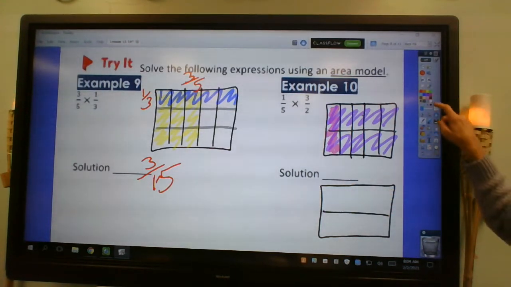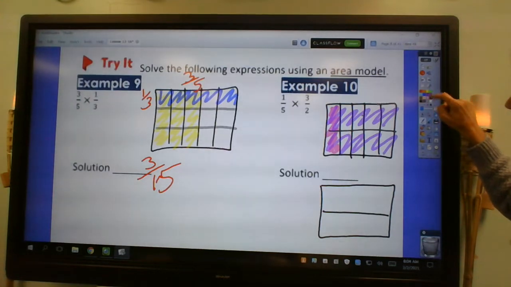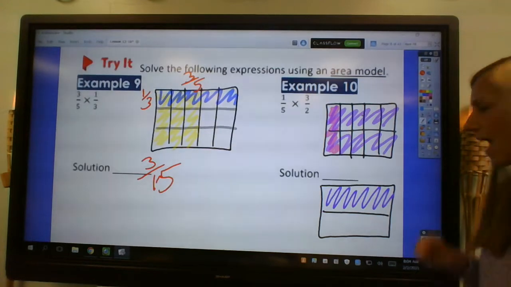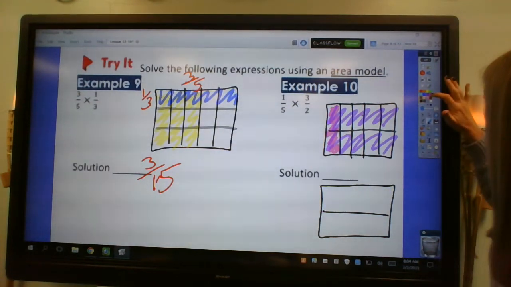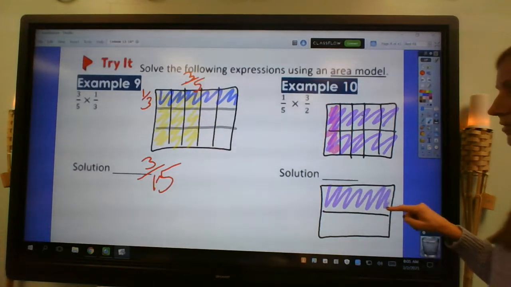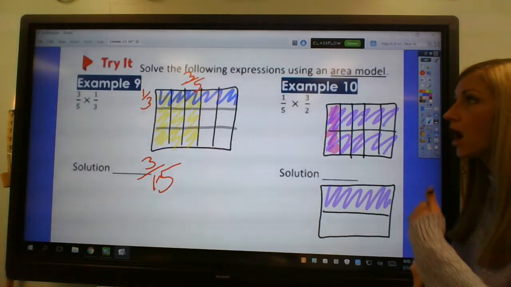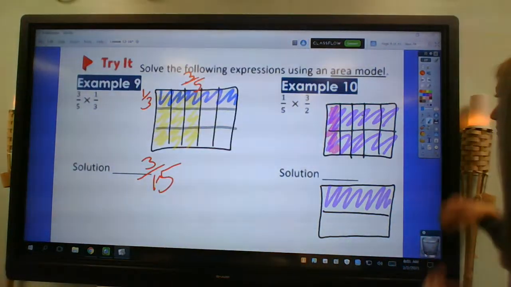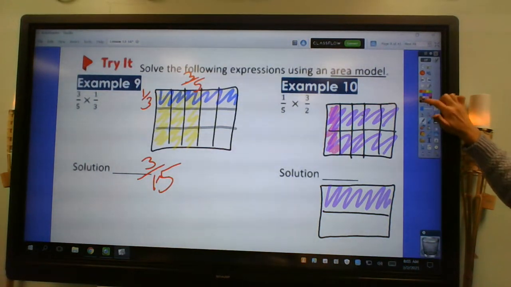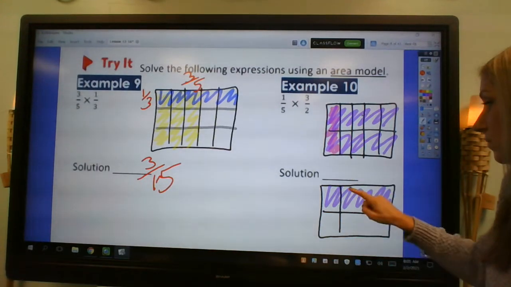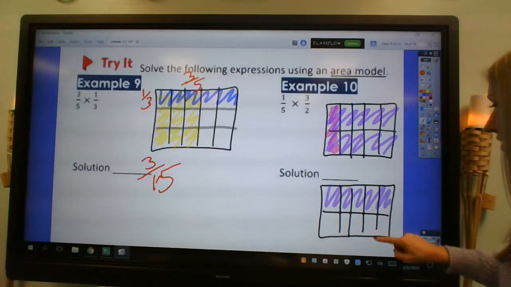So the thing that we need to remember is that if I'm going to have that third half, go back to my highlighter, it still needs to be of the 1/5. I don't have the 1/5. So I have to extend that and continue the 1/5, which means all of those, and then shading that one.